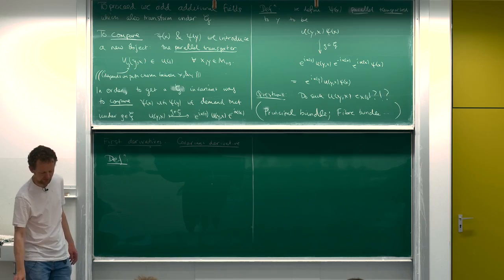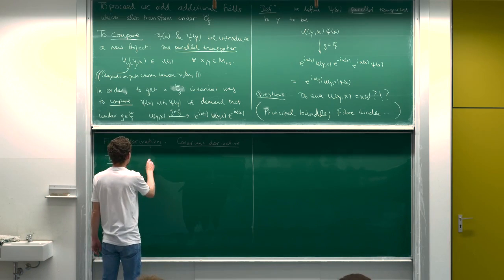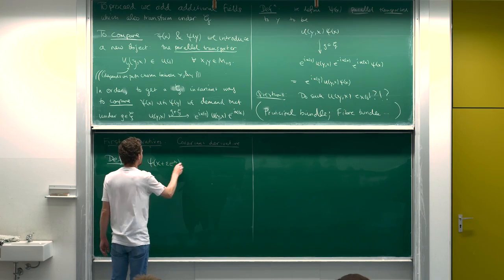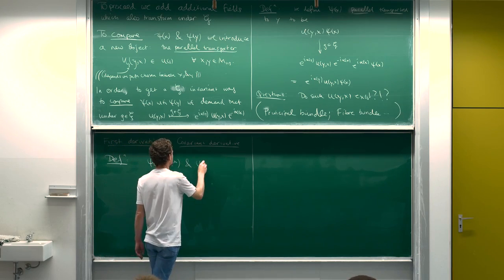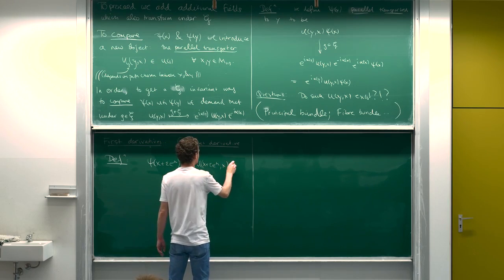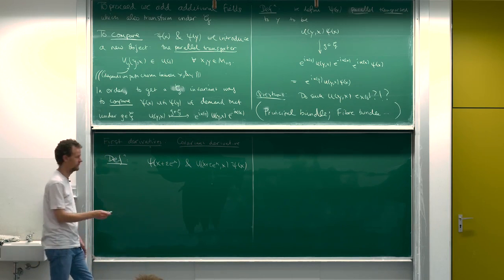I may as well be consistent with my notes, because if I'm not, then I'll just keep making mistakes. So psi at x plus epsilon e_mu and u(x plus epsilon e_mu, x) psi of x both transform the same way.